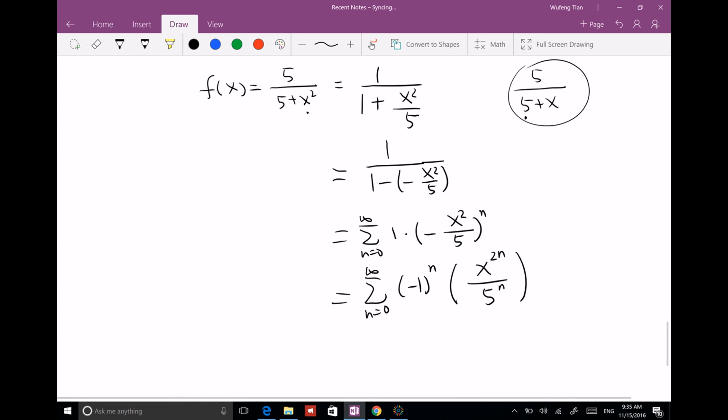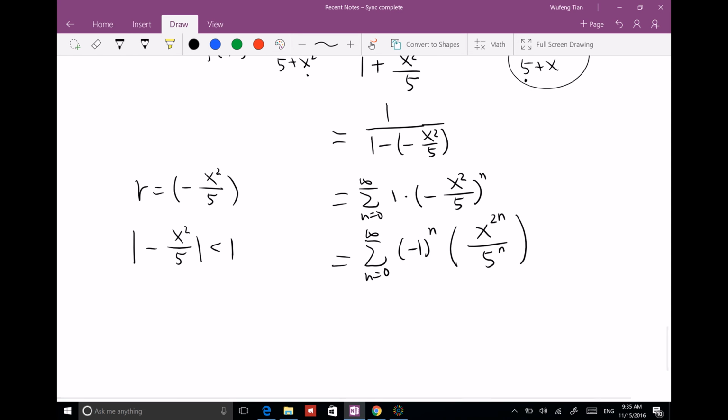Okay. Then we need to find out the radius, because r is negative x squared over 5. I need to finish that. Negative x squared over 5, absolute value less than 1. Solve for this. Multiply both sides by 5, so you got x squared less than 5.